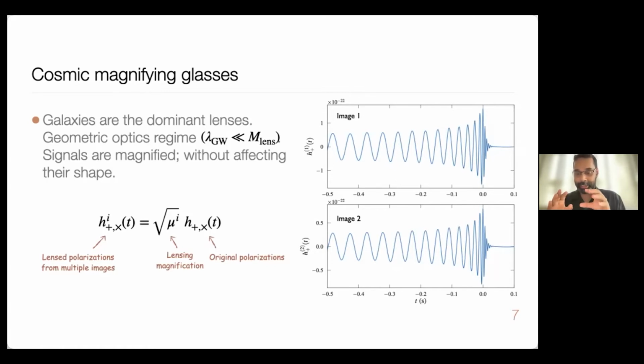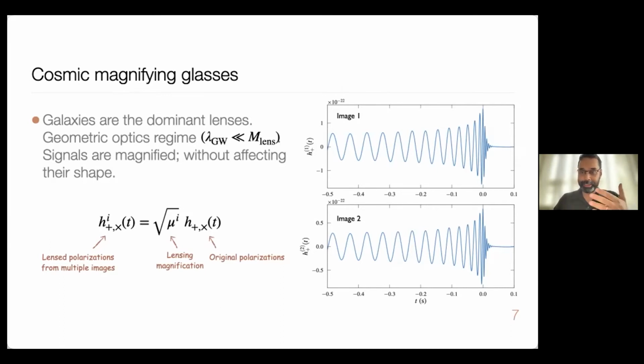The reason is that even if the strong lensing introduces multiple images, some of these images could be sub-threshold. They could be so dim that they cannot be detected with a certain signal-to-noise ratio threshold, which means that we will only detect the loudest among the lensed signals.